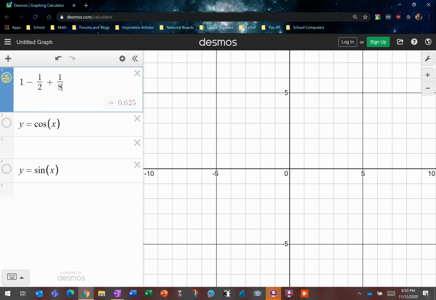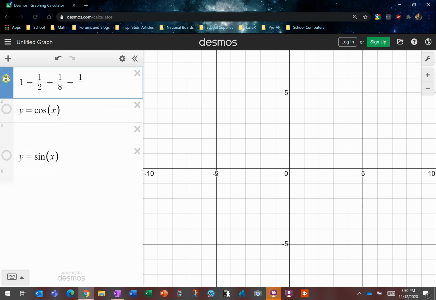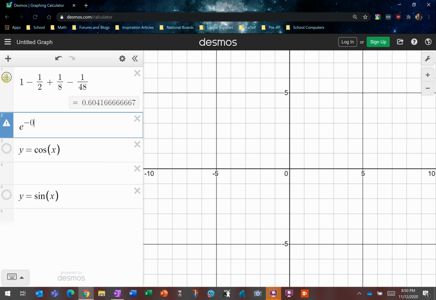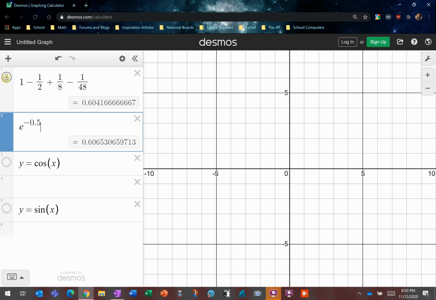Plus 1/8 minus 1/48. 0.604. e to the negative 0.5. 0.606. Look how good that is. We were able to evaluate approximately the negative square root of e just by using 4 terms.